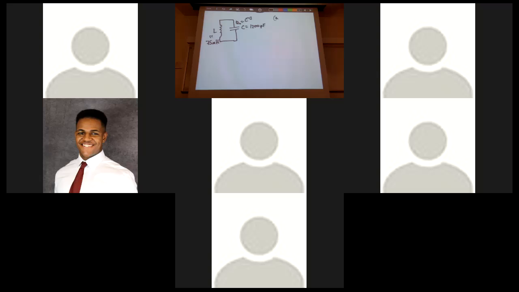In this case, for part A, I want to know what the initial charge is. The initial charge is equal to C times V, which is 1,200 picofarads, so that's 10 to the minus 12, times my potential, which is 500 volts.